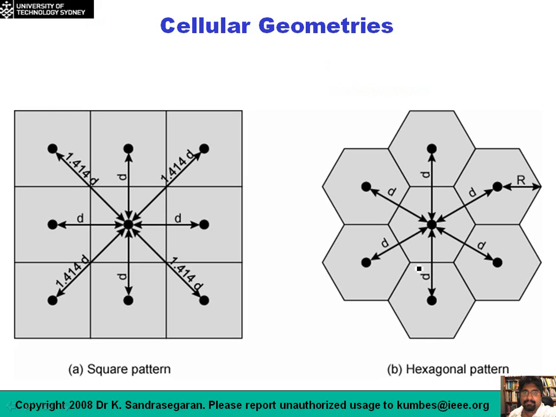If you have a square-based cell, assuming the base stations are in the center of these polygons, this distance here is going to be much larger than this distance. The hexagon is the only shape in which the centers of the adjacent polygons are equidistant from this one. No other polygon satisfies this particular criterion. So you see that hexagons are the ones primarily used for representing cellular systems.